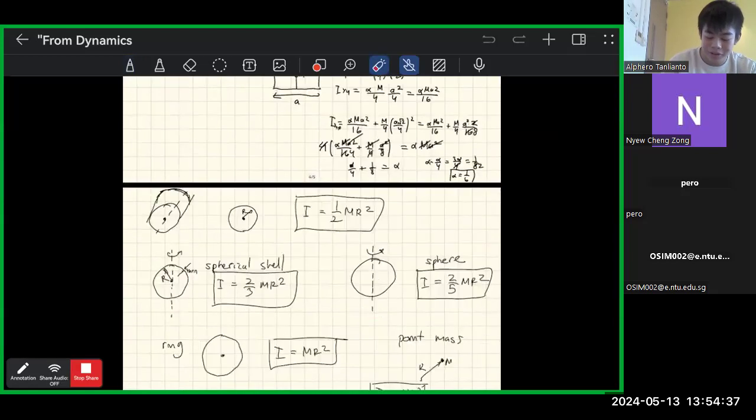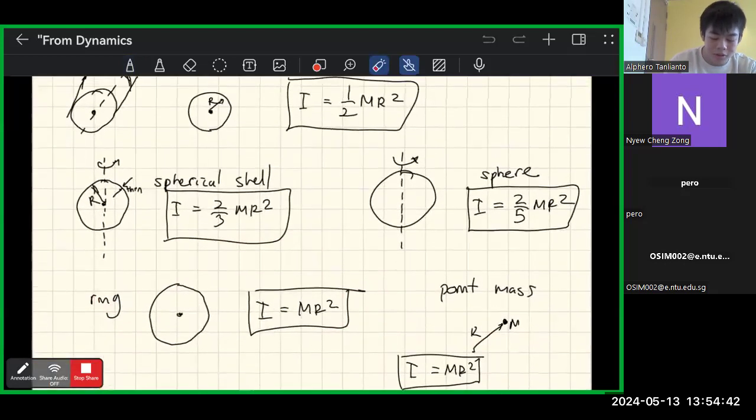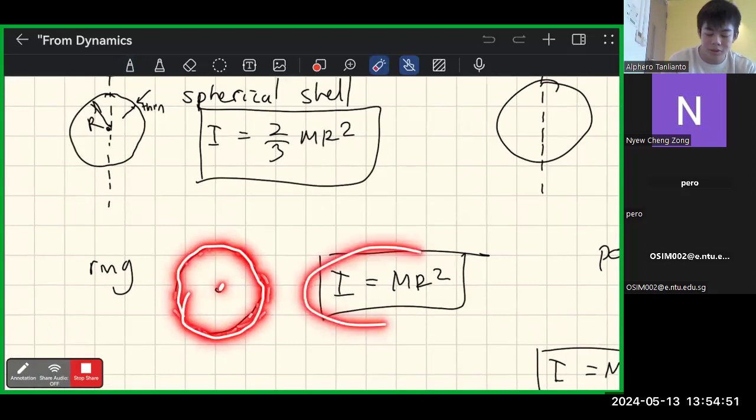That's the only thing that you have. So point mass and ring. Why does the ring have the same as the point mass? Because a ring is basically a collection of point masses together, and you just add up all of the mass, so it's obviously the same.